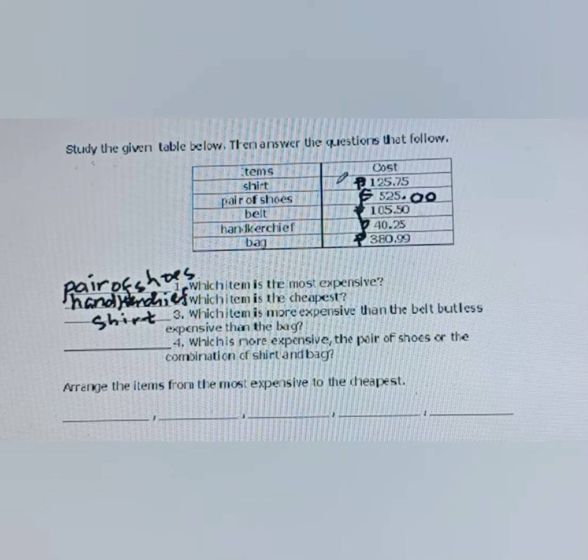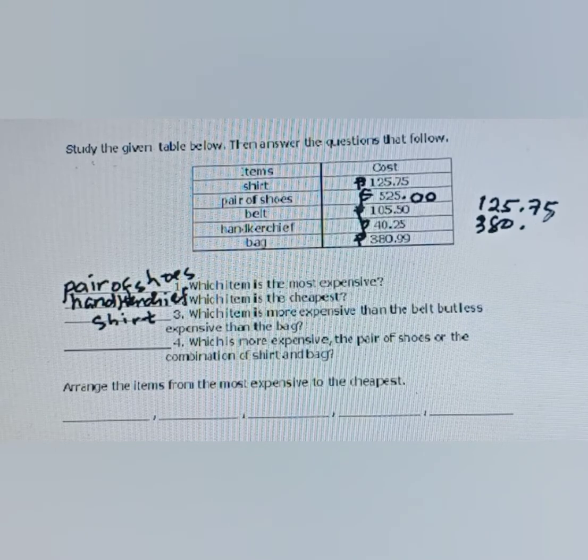How much is the shirt? 125.75. Then the cost of the bag, 380.99.